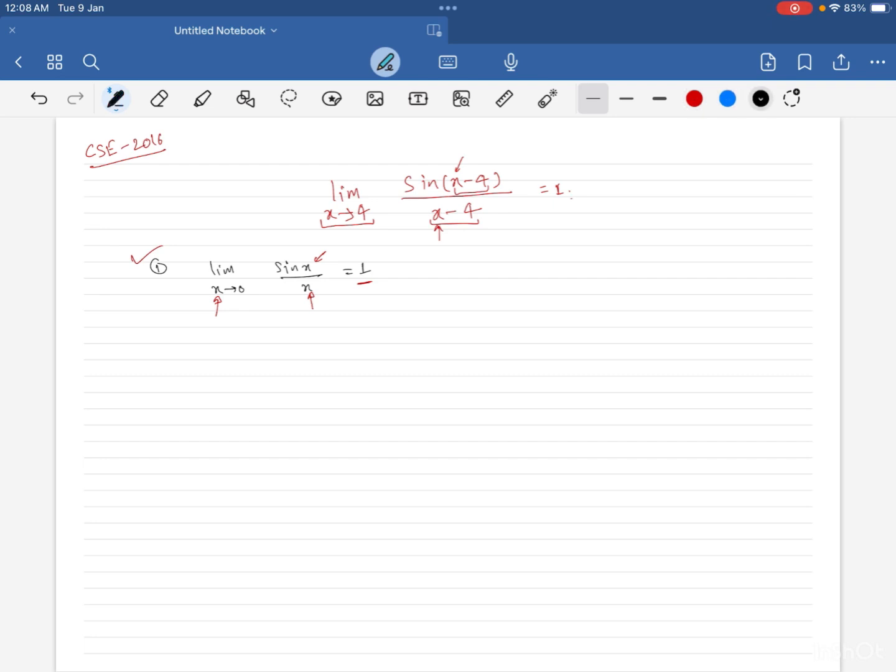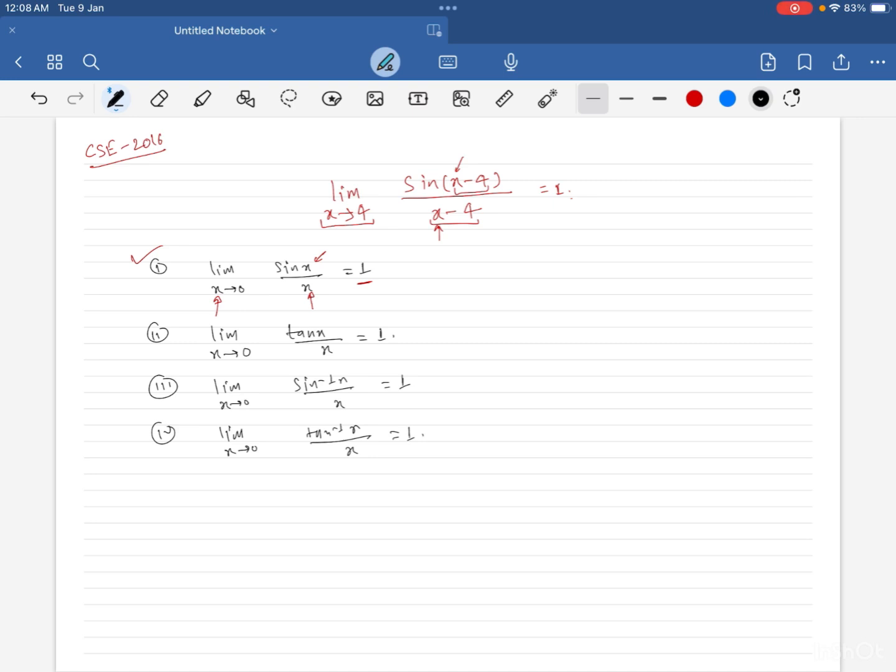Similar to that, we have more important trigonometric limits: limit x tends to 0, tan x divided by x, that is also 1. And with inverse trigonometry, we have limit x tends to 0, sine inverse x divided by x, that is also 1. And similarly, limit x tends to 0, tan inverse x divided by x, that is also 1.